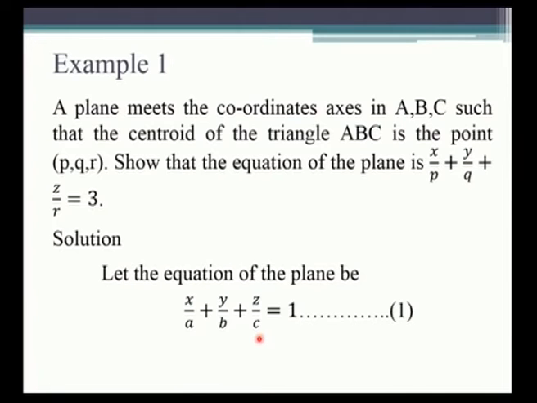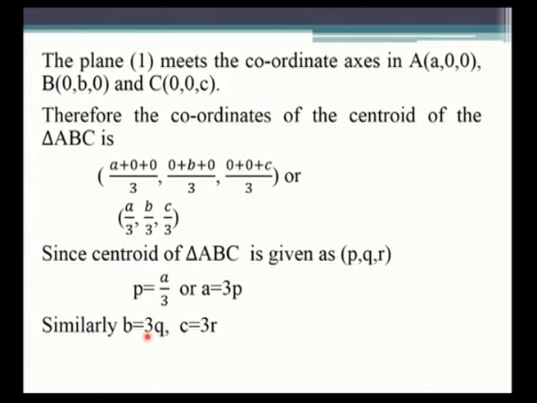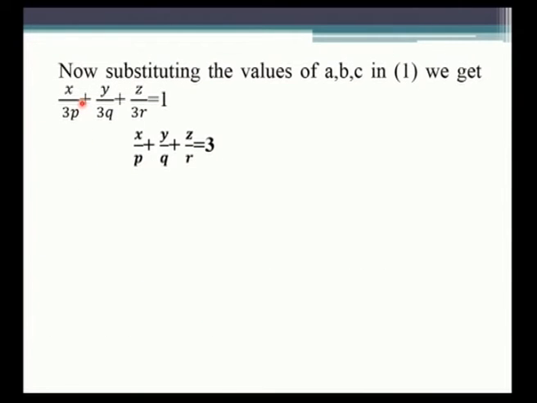these a, b, c are the intercepts. We got the a, b, c values in the form of p, q, r, then substitute these values in the intercept form of a plane. We will get x by 3p plus y by 3q plus z by 3r is equal to 1.